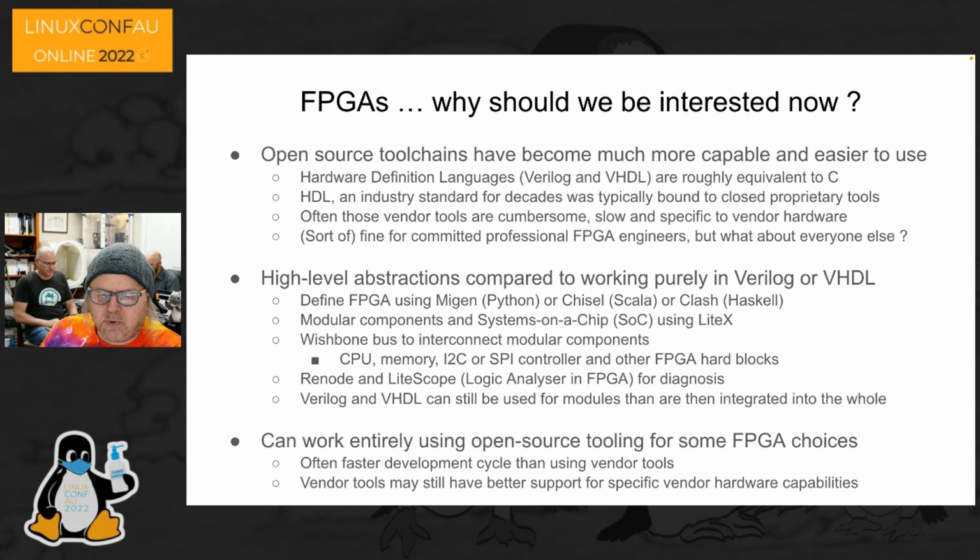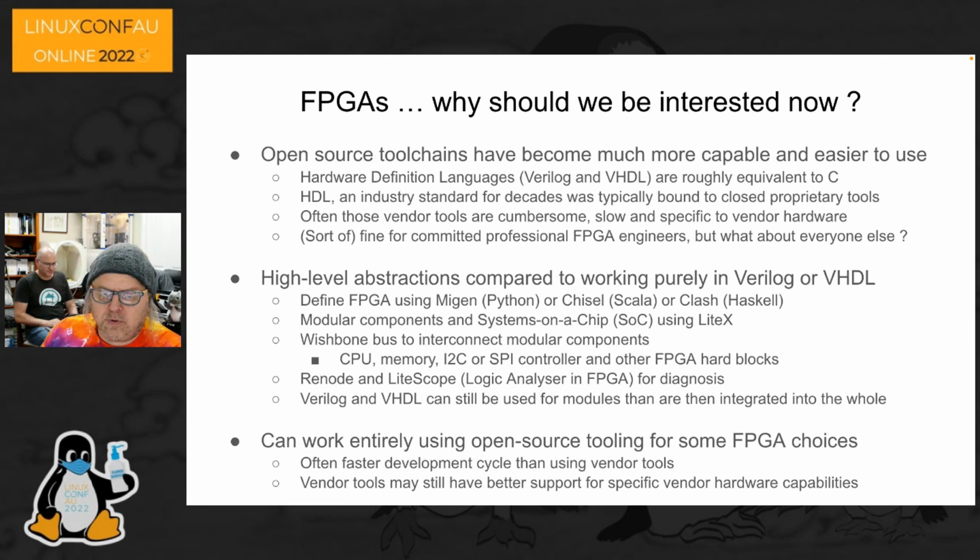And then there's additional software like LiteX, which allows you to deal with whole components, like a whole 32-bit processor or a whole bus. You can use this to connect together modular components, your CPU, your controllers, and so on, into a quite high-level design. It's much easier to use. There are also diagnostic tools like LiteScope, which gives you a logic analyzer, so it's become much more approachable.